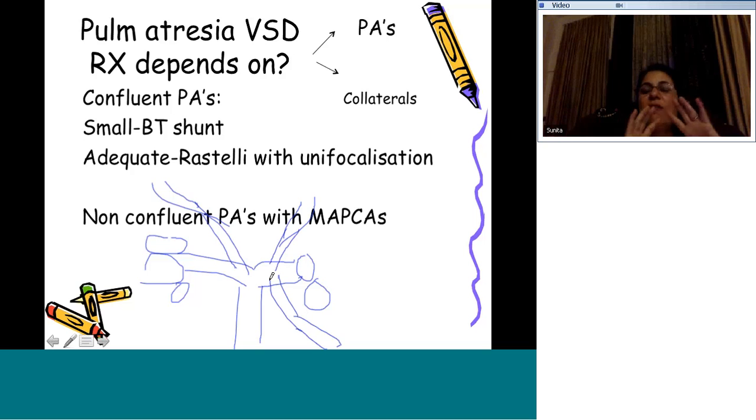Now, this is one lesion which you have to really personalize.